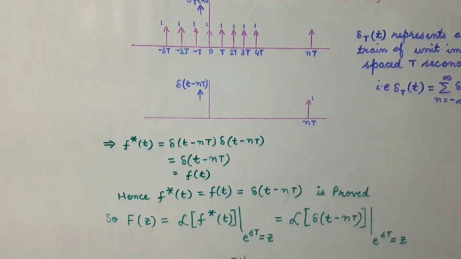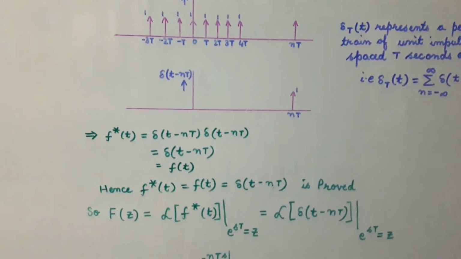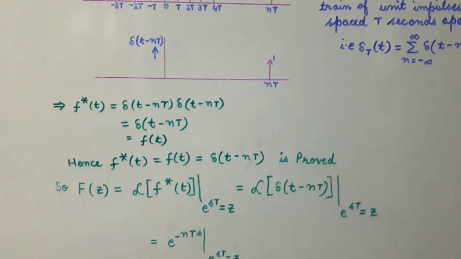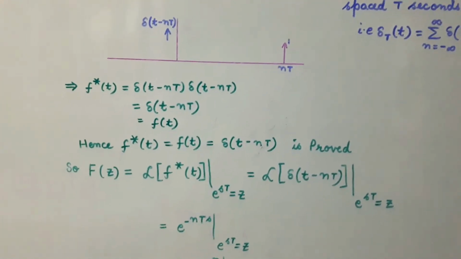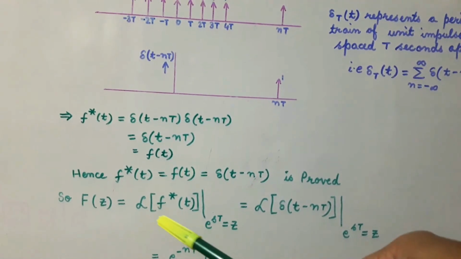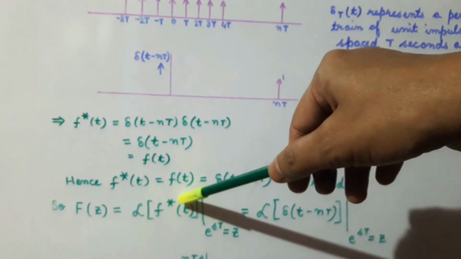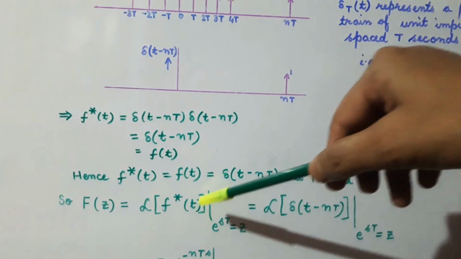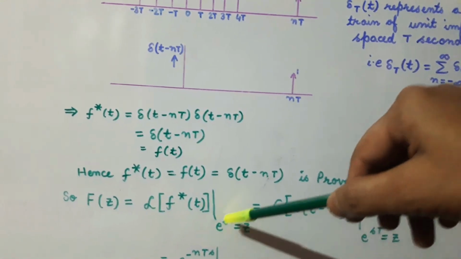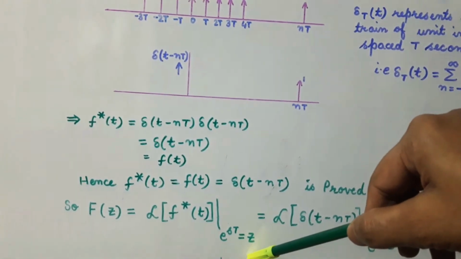Now we will find out the Z transform of this function. So the Z transform of the function is written as F(z). This will be equal to the Laplace transform of f*(t) when we substitute the value of e^(sT) equal to z.